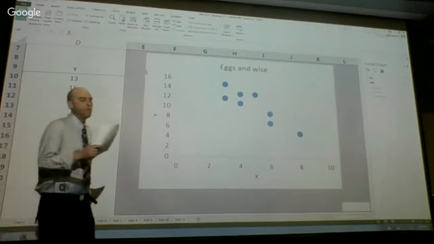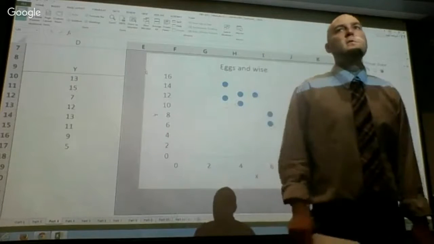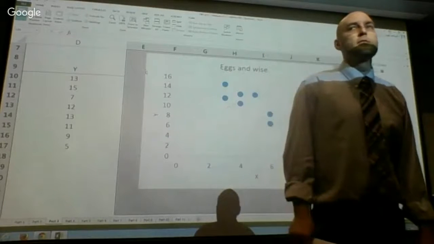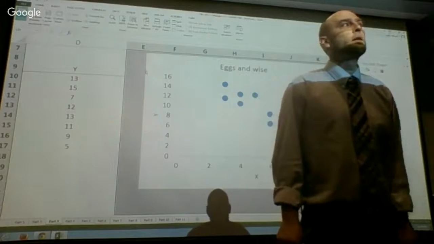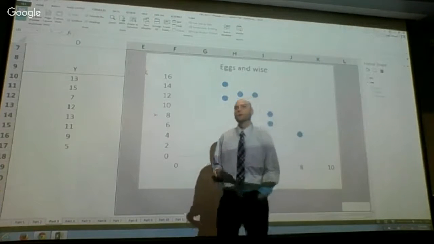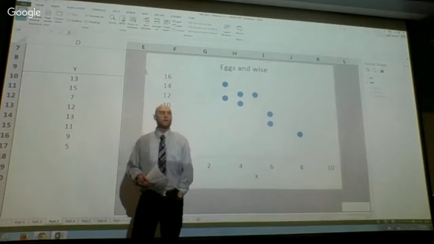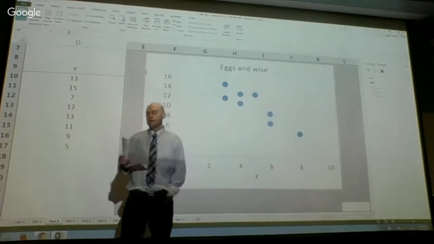So 0.79, 0.21, 0.11, and negative 0.89, which of those is closest to 0.9 squared? 0.79. And if you take negative 0.89 and square it, you should get 0.79. If you insert the trend line and say display r squared on this picture, you're going to get 79%.